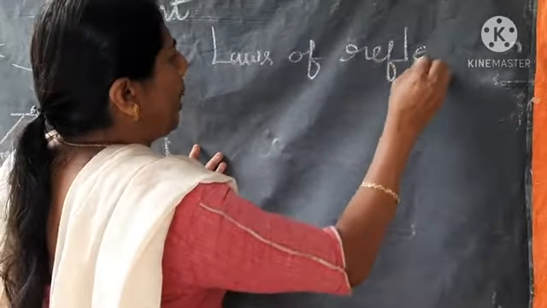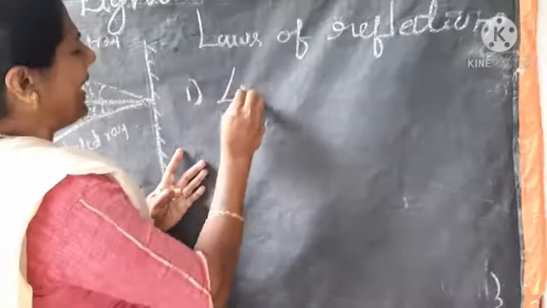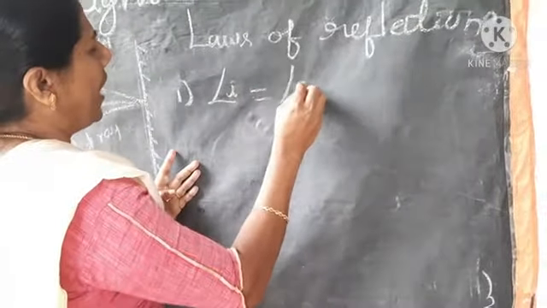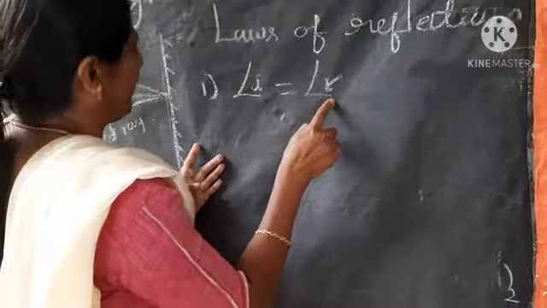There are two points. The first point is angle i is equal to angle r. What is angle i? Angle of incidence. Angle r is the angle of reflection.